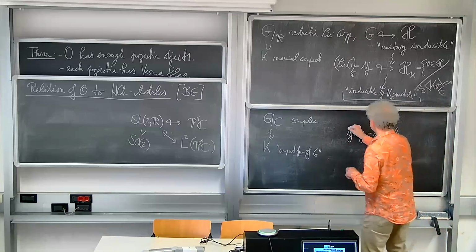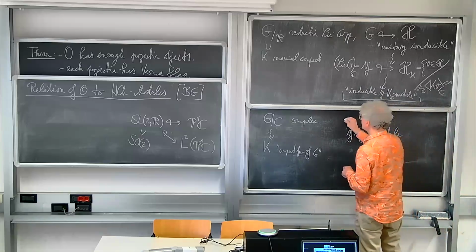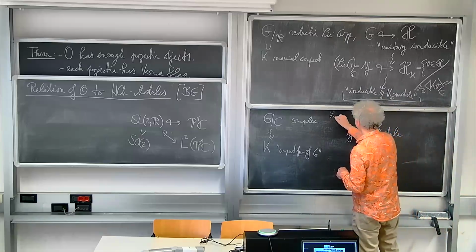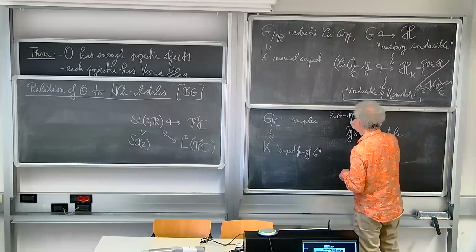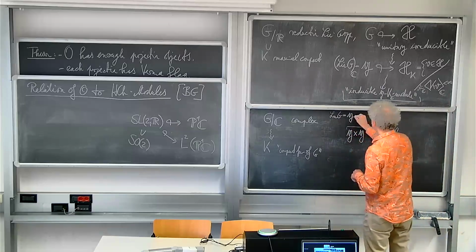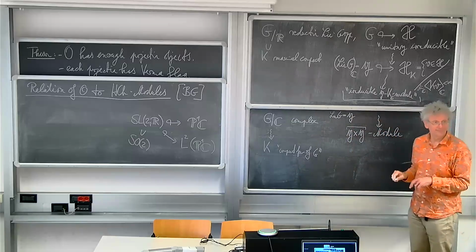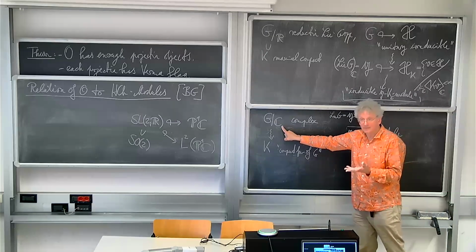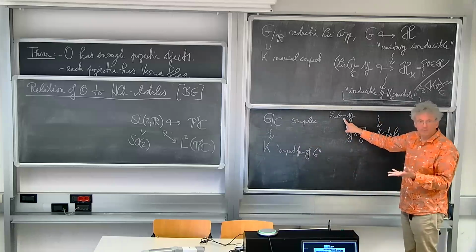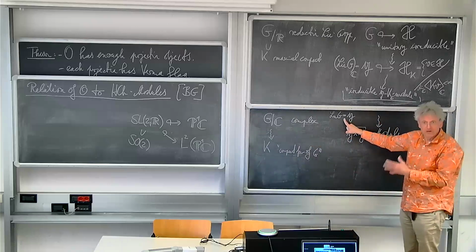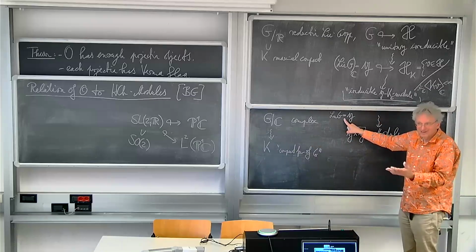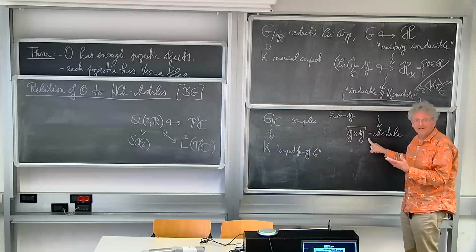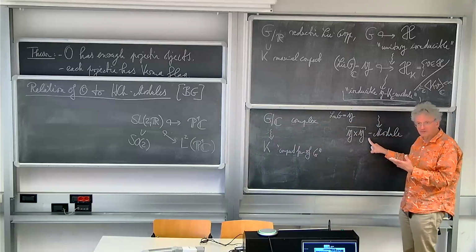And this is because you see the Lie algebra of G is already complex. If we start with a complex group like G_C, then its Lie algebra is already a complex Lie algebra. So if we view it as a real Lie algebra and complexify it again, it will double. So we get a G cross G module.